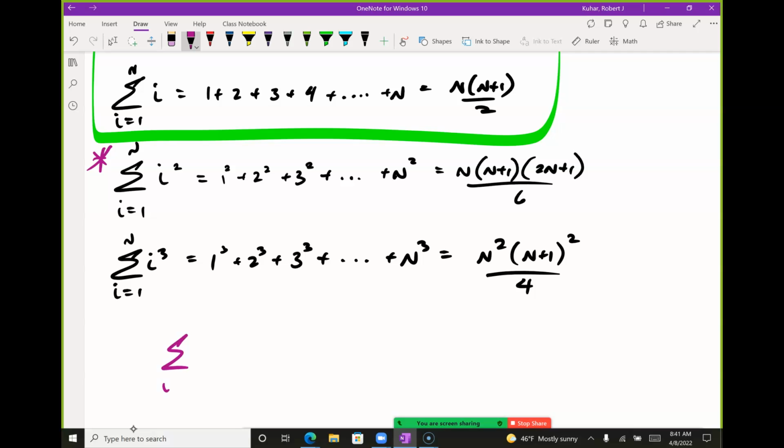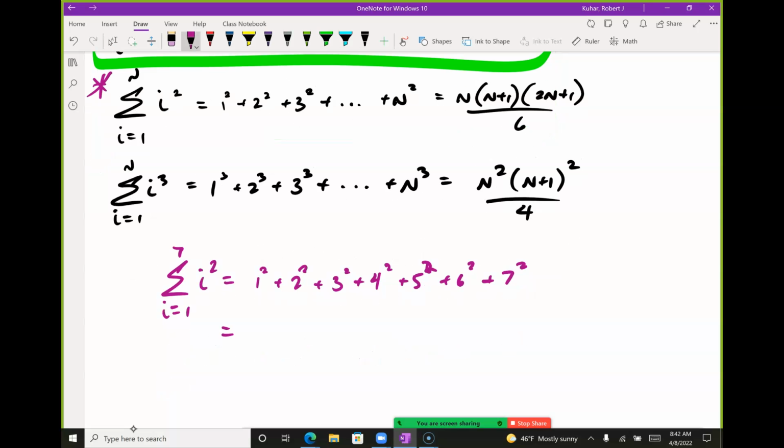Let's do the sum from i equals 1 to 7 of i squared, right? So 1 squared plus 2 squared plus 3 squared plus 4 squared plus 5 squared plus 6 squared plus 7 squared. So I get 1 plus 4 plus 9 plus 16 plus 25 plus 36 plus 49.